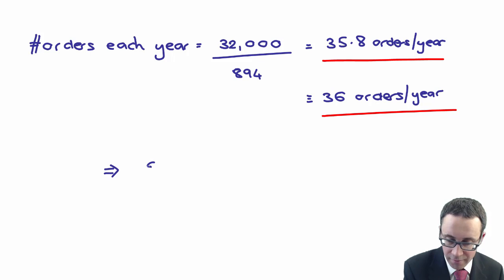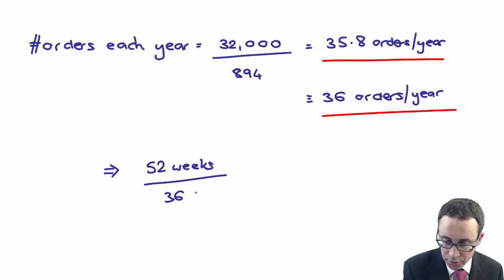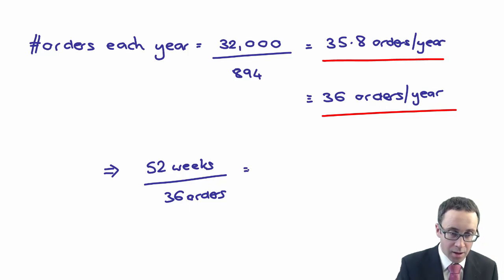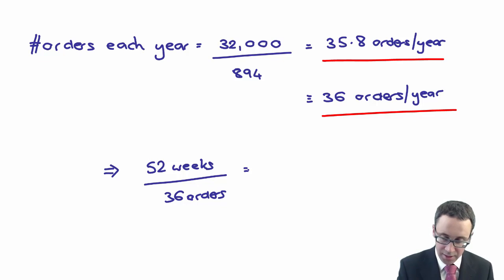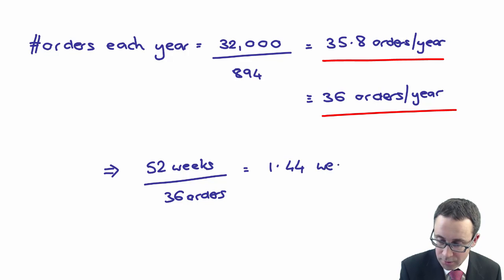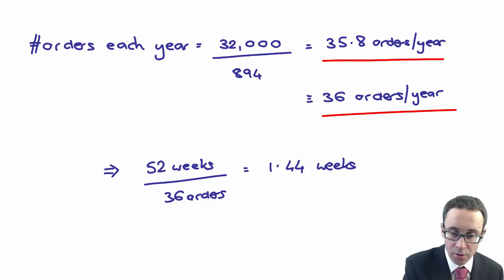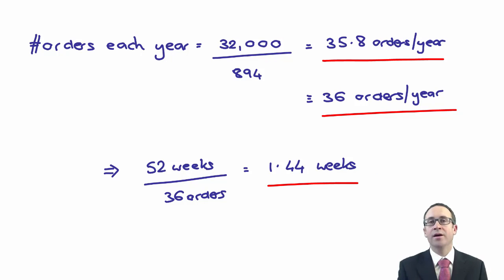Given that there are 52 weeks in a year, if you make 36 orders in the year, 52 divided by 36 is 1.44 weeks. So you need to make your orders every 1.4 weeks in order to satisfy the annual demand. Again, that's just another potential exam style question that you could be confronted with.